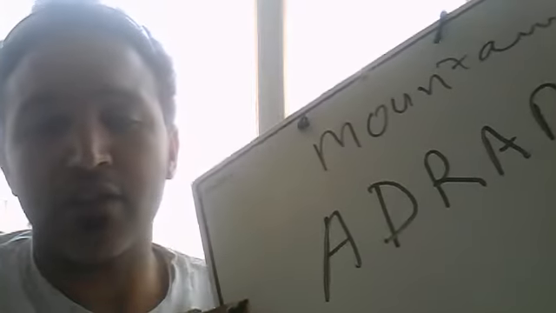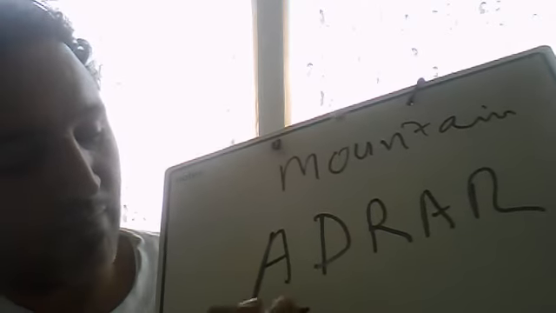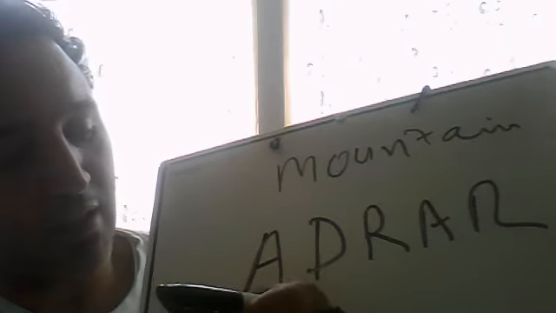Can we try together? A is just a small circle or closed circle like this. The D is like a small tent. R is a bigger circle.